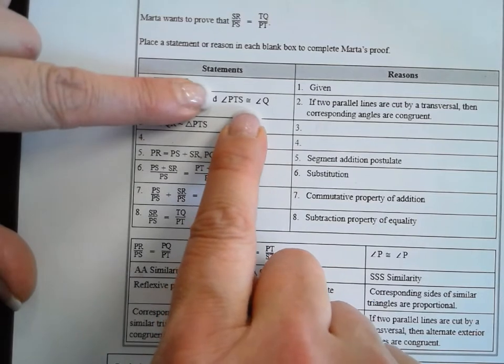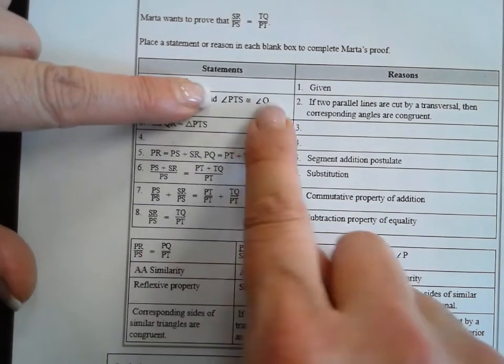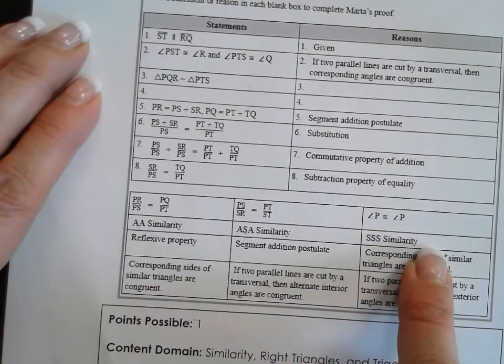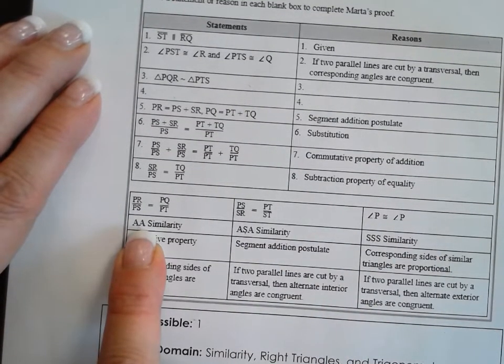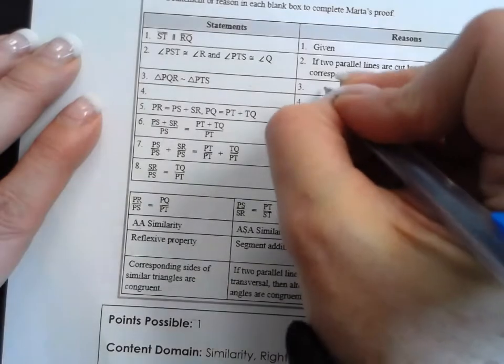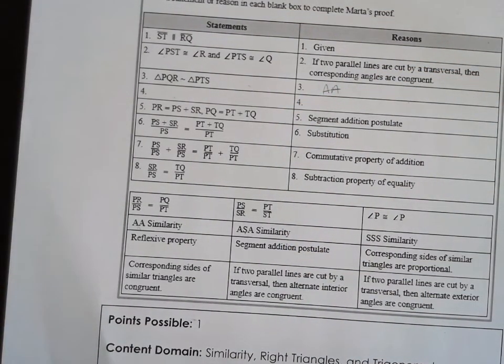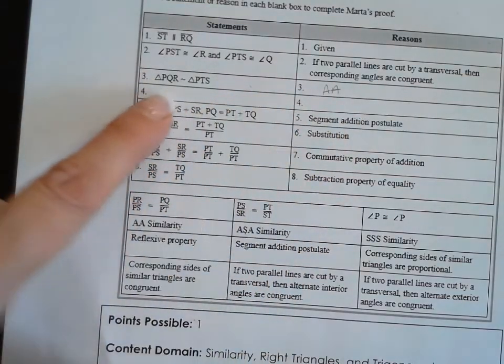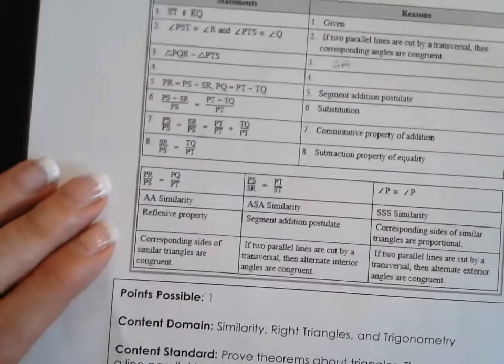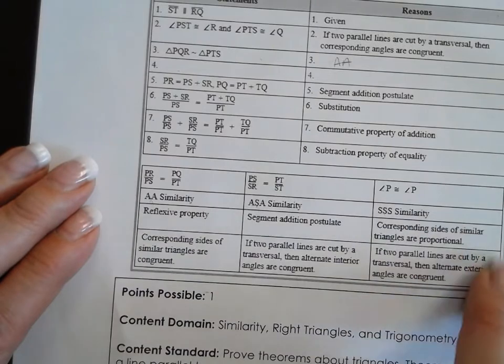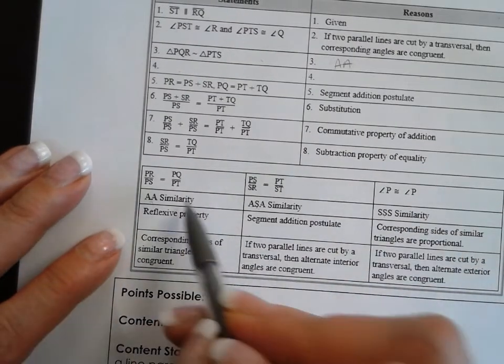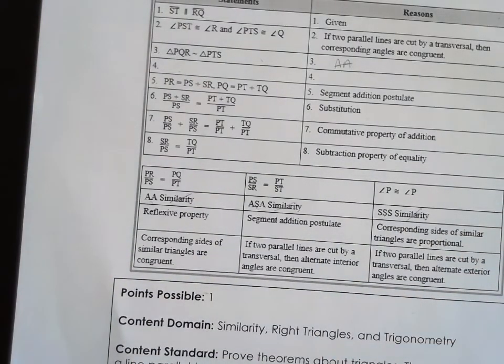What did this one prove? 2 angles are congruent. So what did I just prove? Which theorem can I use? AA, angle, angle. All right, does that make sense? All right, then when I go to the next one, I have no idea what they're kind of looking for. So I'm just going to come down here and look through my stuff and go, okay, well, it's none of those.